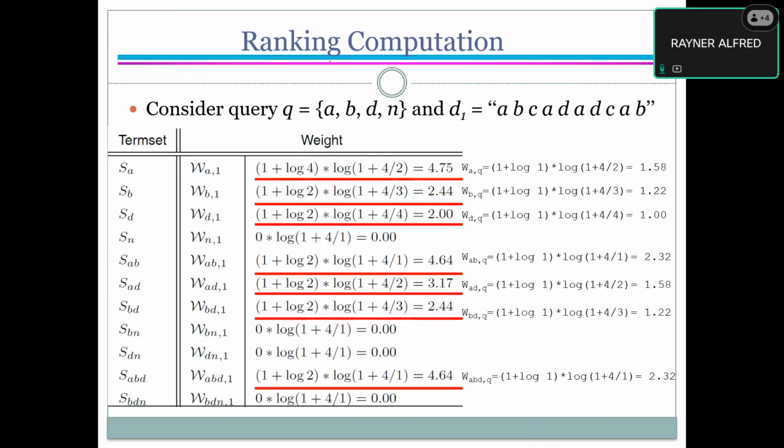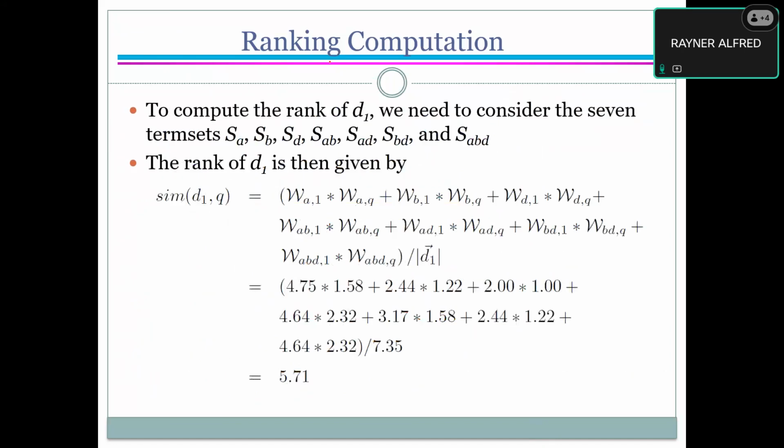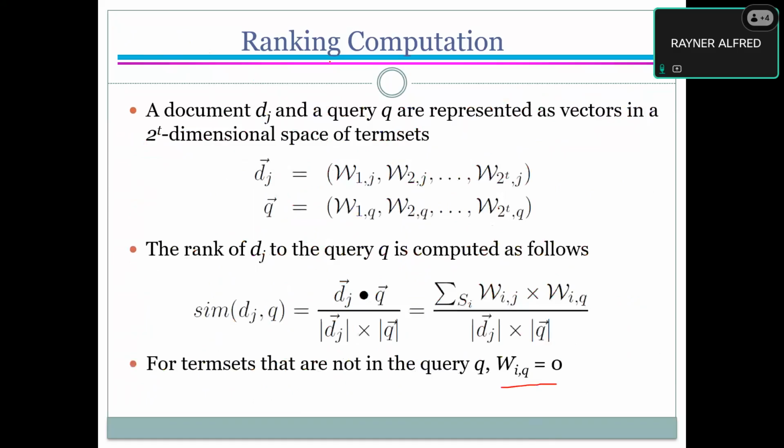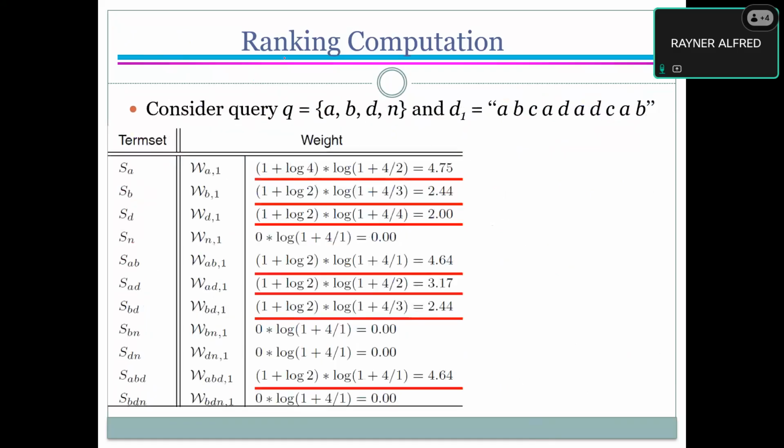Yeah, the same calculation. So these are the non-zero, and the rest two are zero because this N does not exist here, and then this BN, DN. As long as you have N inside, the weight of that particular term will be zero.